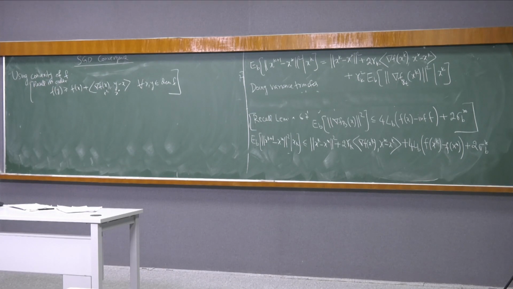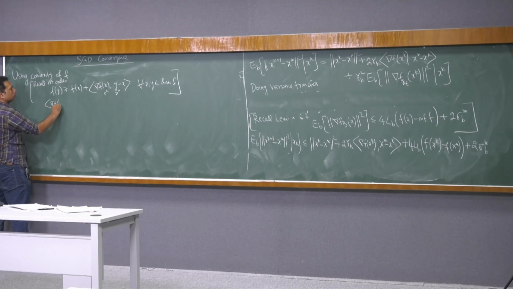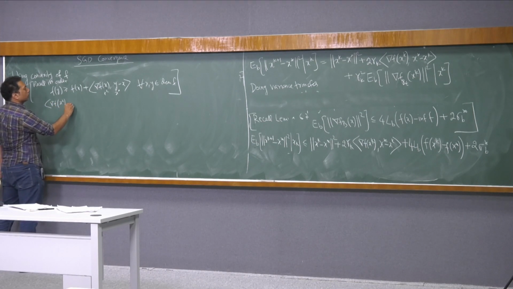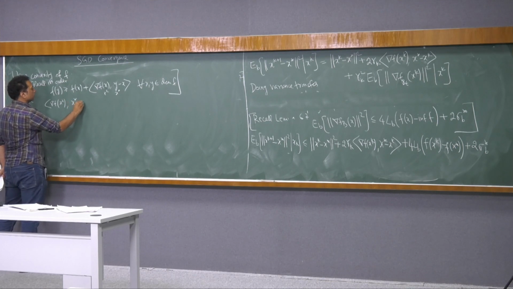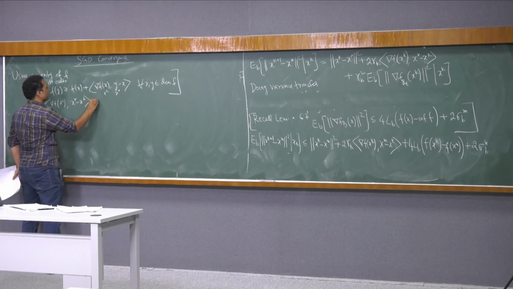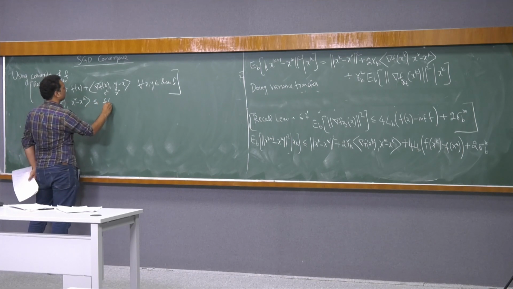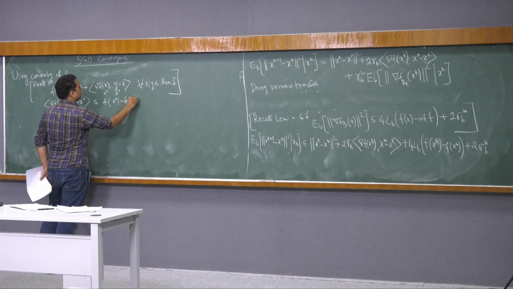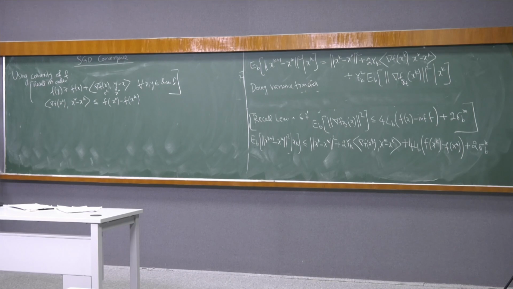So with the consequence of this, we can write grad f(xk) times (x star minus xk) is less than or equal to f(x star) minus f(xk). This is the consequence of applying this with x equal to xk and y equal to x star.